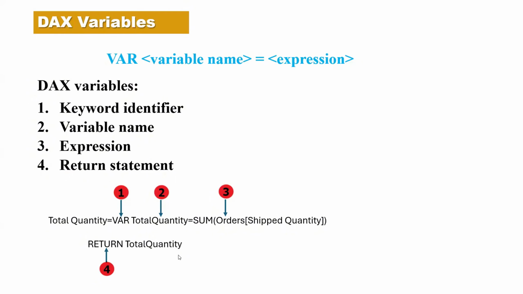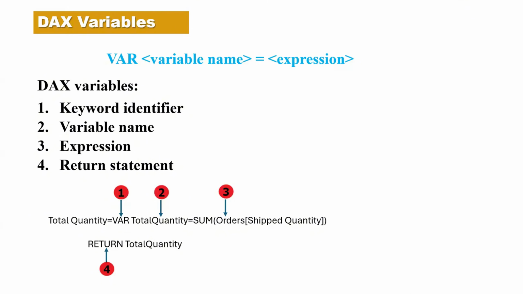When using DAX variables, our measure code starts to resemble a function written in C# or a stored procedure written in T-SQL. In those cases, we also need a way to define the final output. Similarly, in DAX, the return statement specifies which expression determines the final value of the measure.